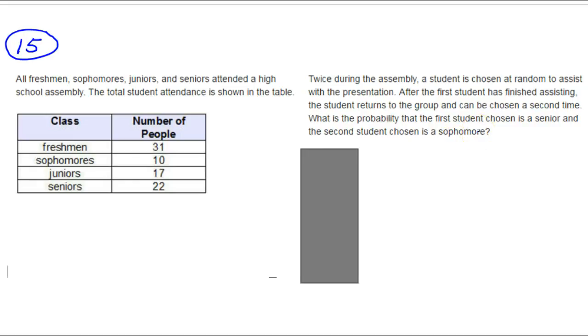So, notice that after the first student is chosen, they are sent back into the group, and they could even be picked again. So that makes these two events of choosing students independent. So right away that tells me that I could use this rule once again.